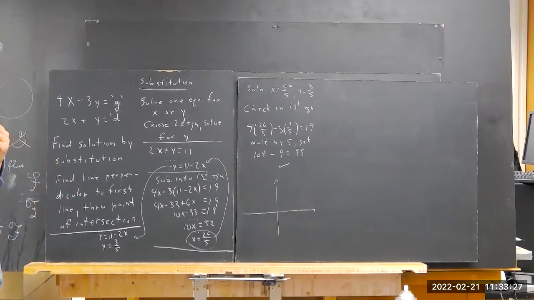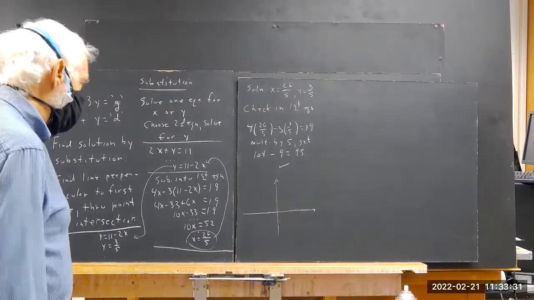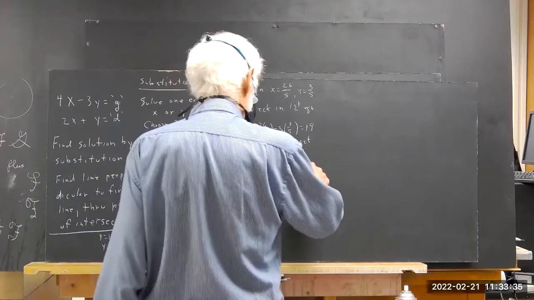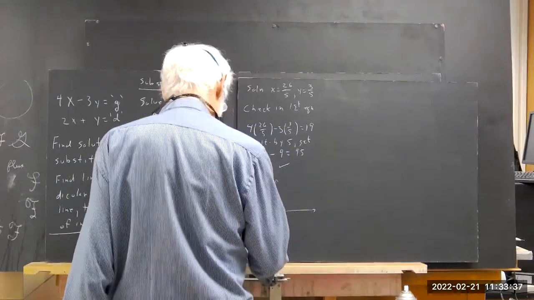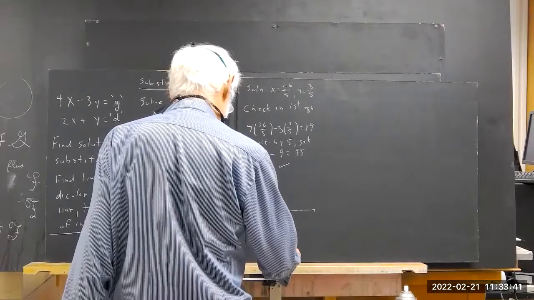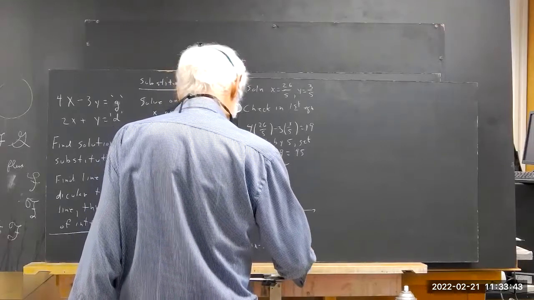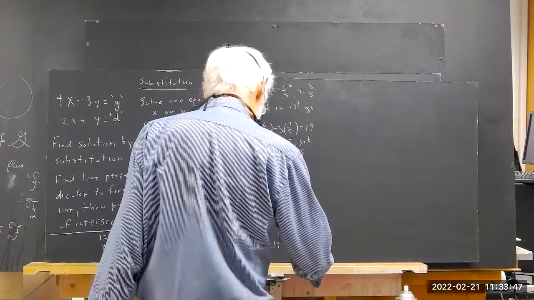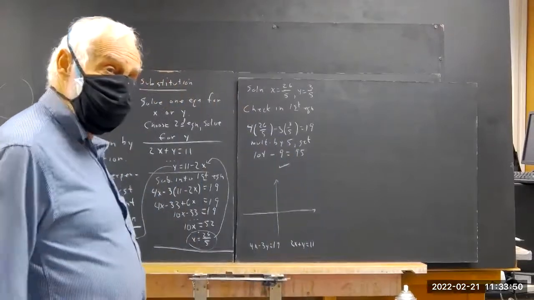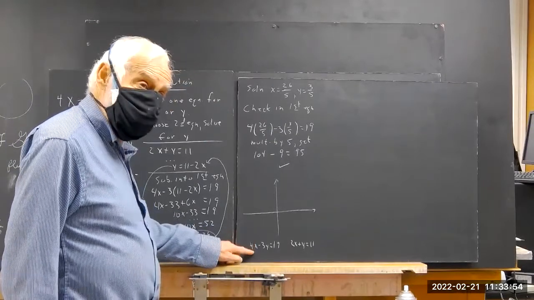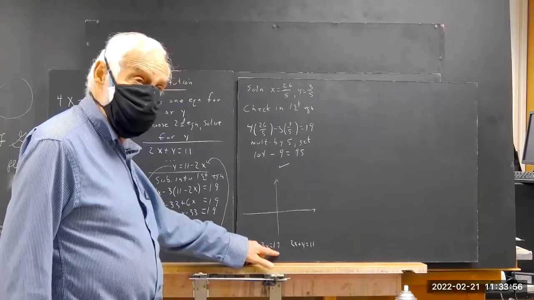But the intercepts, okay, the equations are, I better write out my equations here. Okay, they're my equations. If x is 0, I get negative 3y equals 19, right?